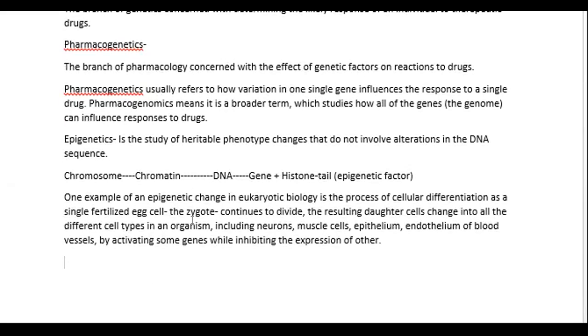This forms by inhibiting the expression of some genes and activating others. So the epigenetic factor binding to the histone has an effect on the gene, but there is no alteration in the gene itself.